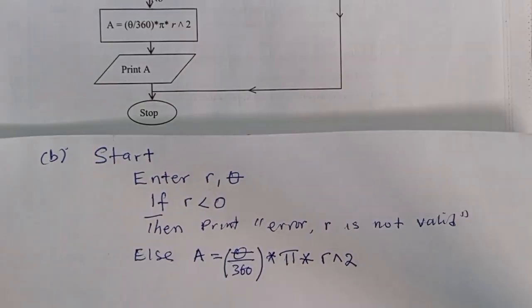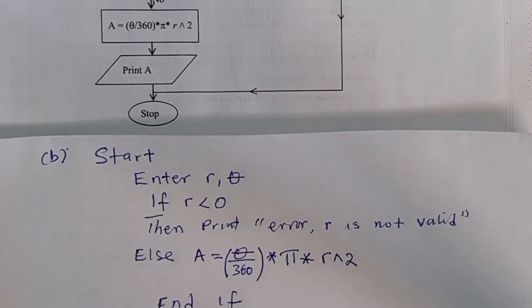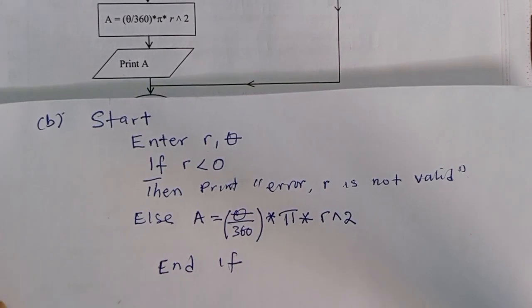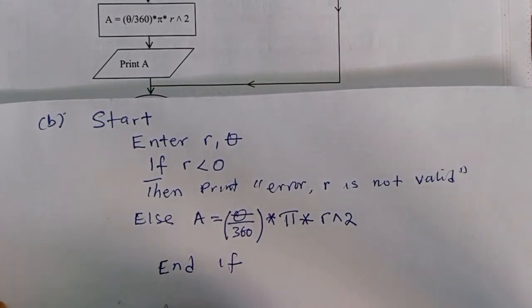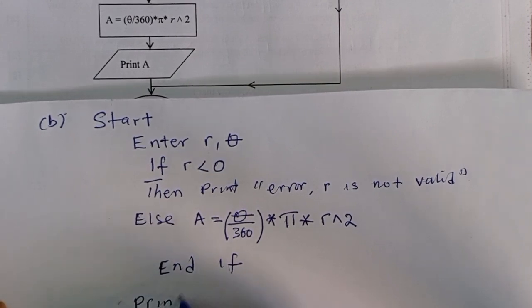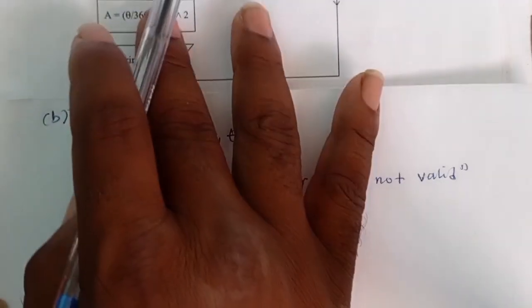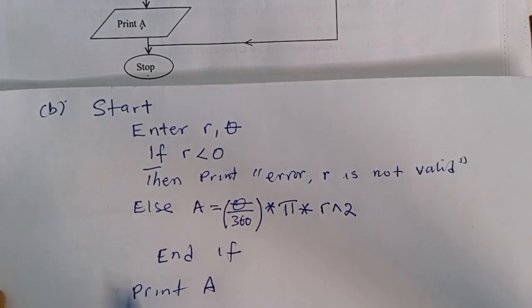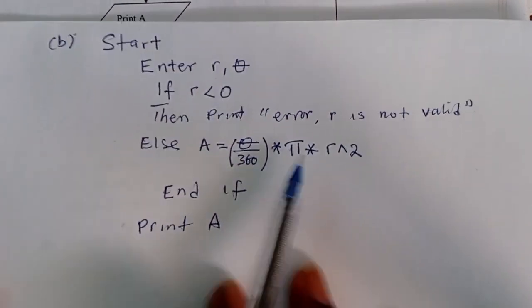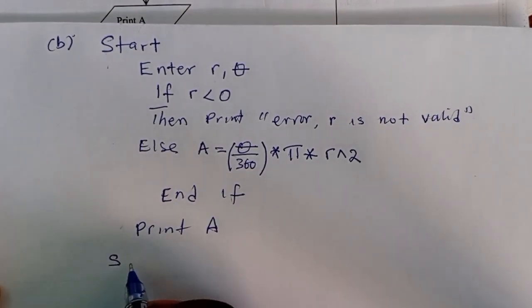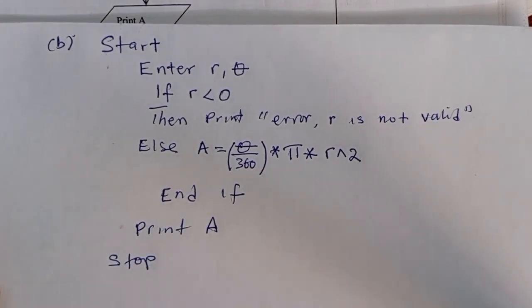And then you print A. You do what? You stop the program. So stop, it must be in the same line with the start. You stop the program. So that is your 5 marks.